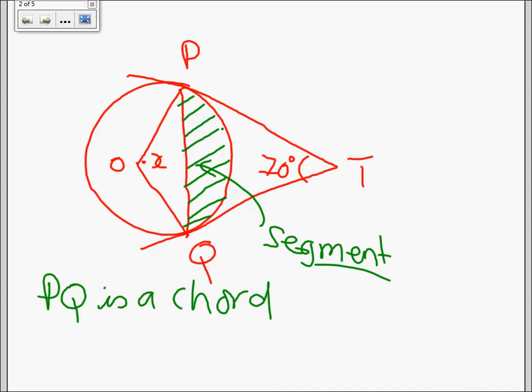And PQ is a chord. So from there we see PQ is a chord. And the area between PQ, the chord, and PQ, the arc, is called the segment. So this will be a segment.